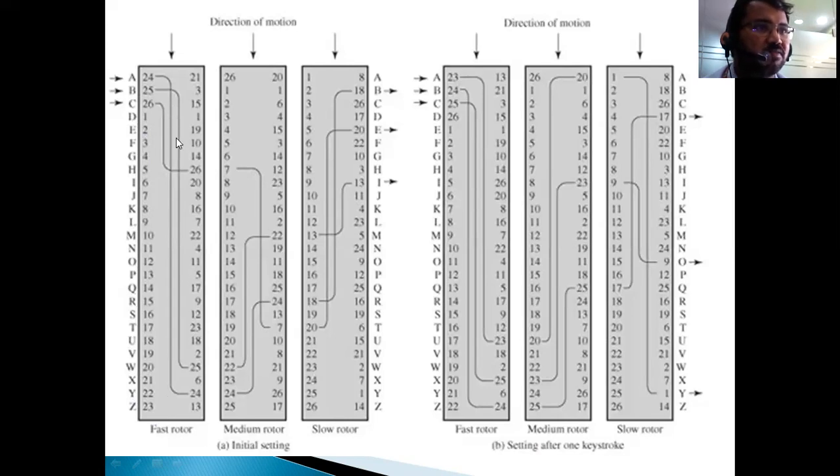These numbers are sent to the substitution, where they are attached to the next cylinder, which is the medium rotor. In this medium rotor, the value 26 is substituted by 7, 25 is substituted by 22, and 24 is substituted by 24 again.